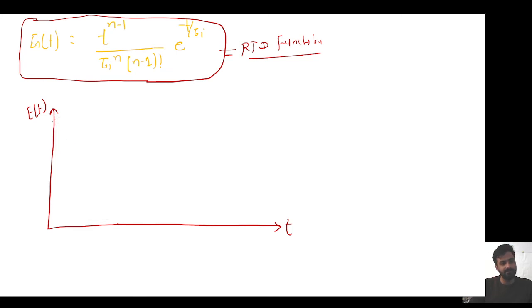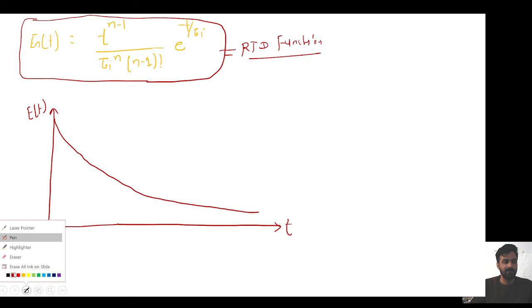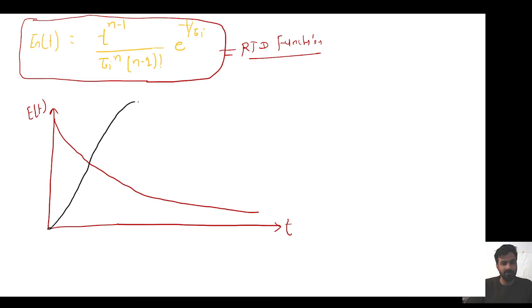You can see the plot is going like this, E(t) versus t curve. Are you getting? When n is equal to 2, the plot will come like this. There is a broad plot like this, and again it will go like this. Are you getting?